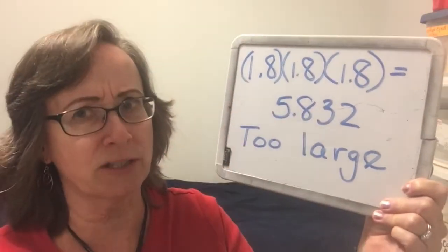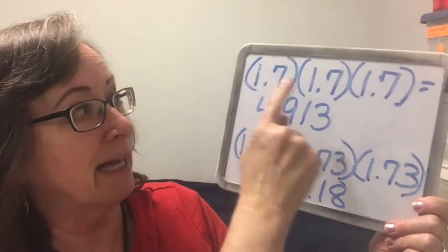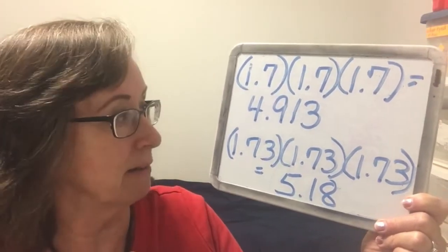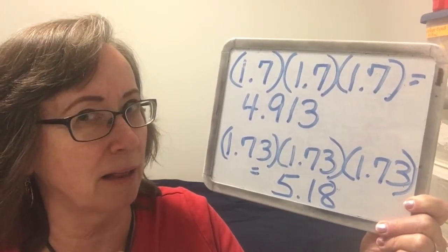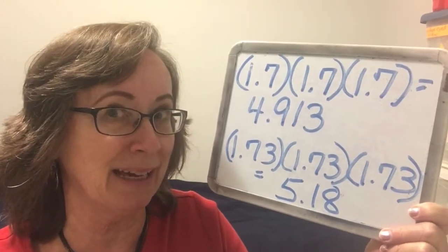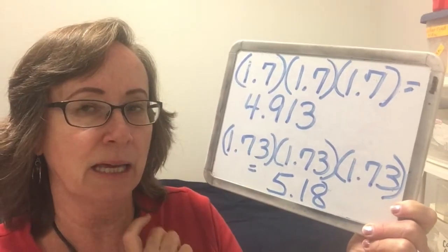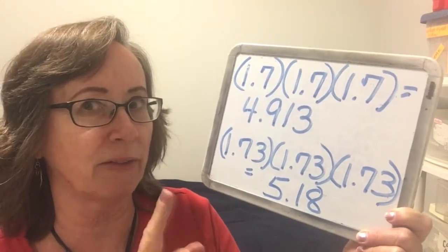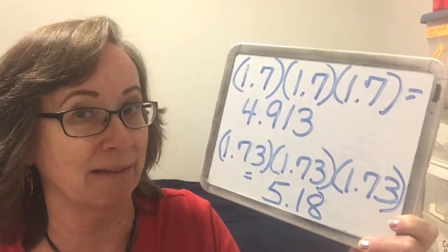So 1.8 is too big, 1.5 is too small, so we will try 1.7. When we plug in 1.7 times 1.7 times 1.7 into our calculator, we get 4.913, which is too small, but 1.8 was too big. So now we're going to try 1.73, because to estimate a number to 1 decimal place, we want to rule out the fact that it could be 1.75, because that would bump it up to 1.8, wouldn't it?